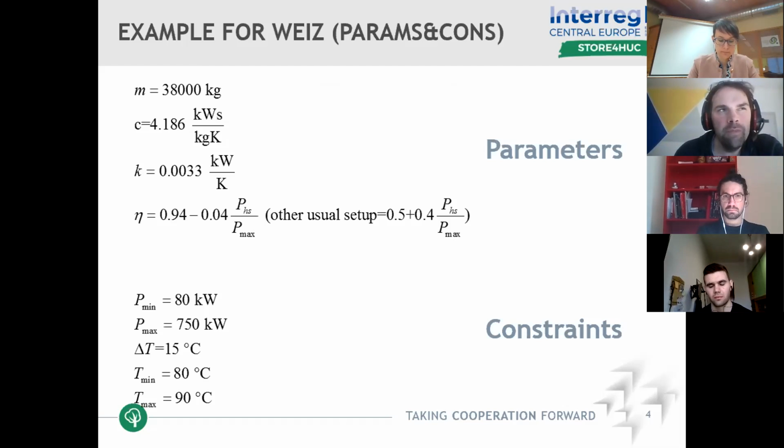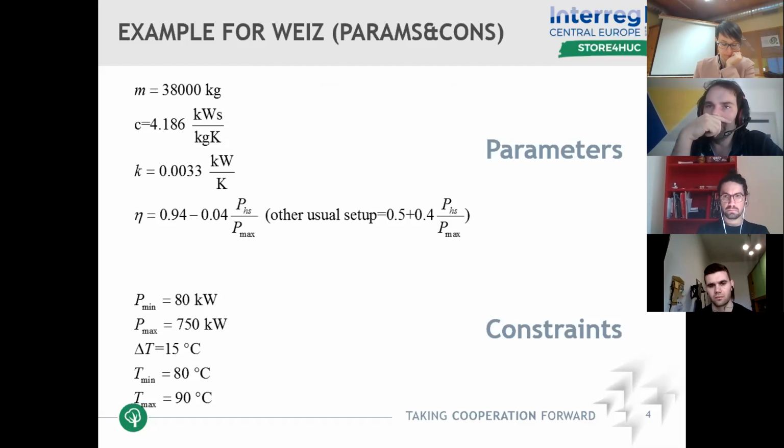So this is something that is a bit different from what we have in a different preparatory document for the pilot, where we argued that the heat source should be run on its maximum power in order to operate with maximum efficiency.